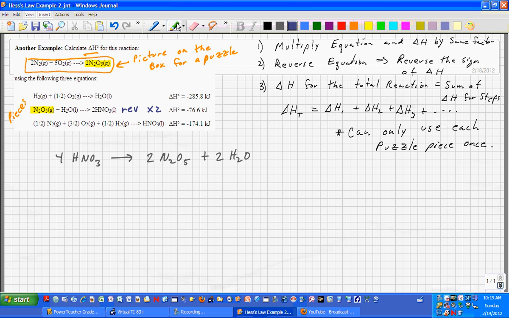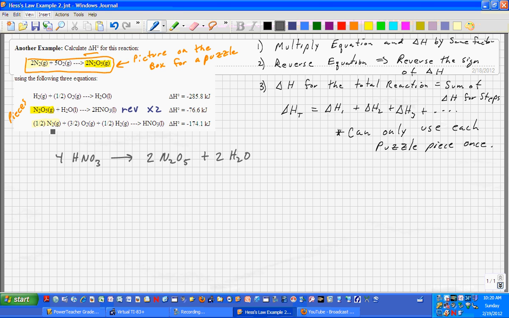The next thing that jumps out at me is, what have I got? Oh, nitrogen. I've got nitrogen here, and I've got nitrogen here.